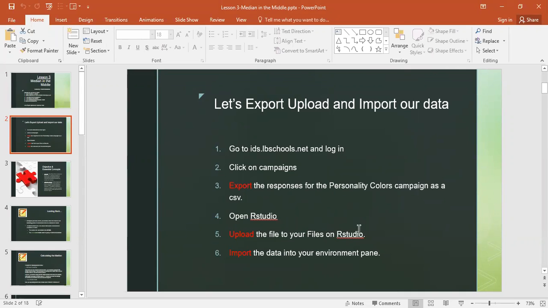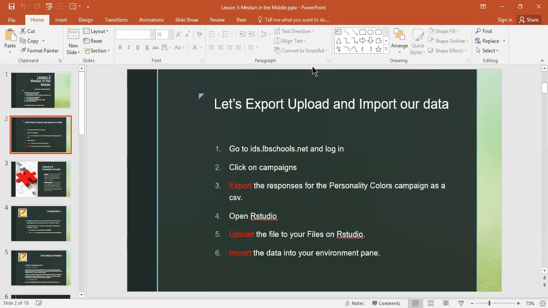So a quick synopsis: we're going to go to our ids.lbschools.net website and log in. We will click on campaigns, and from campaigns, we will export the responses for the personality colors campaign as a CSV file.